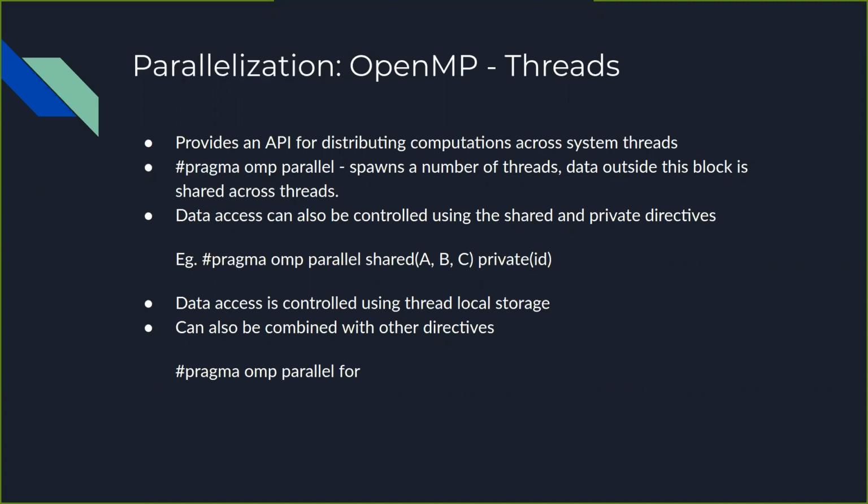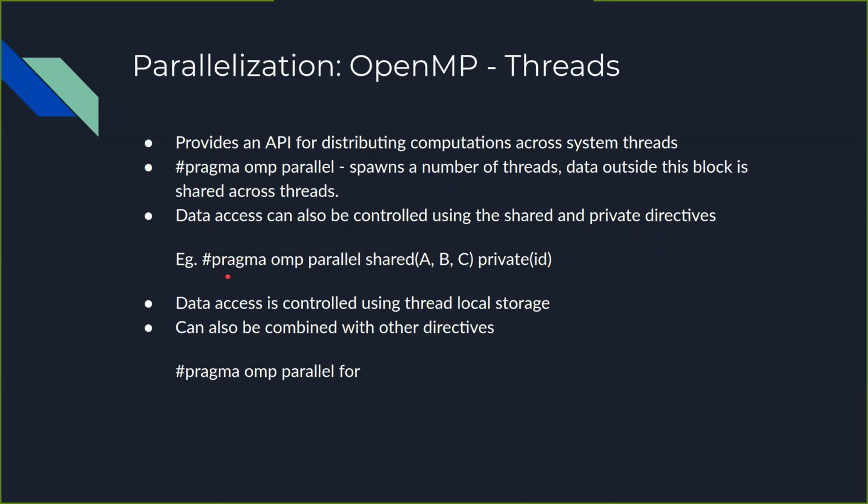This pragma OMP parallel will spawn a number of threads, and the data outside this block is shared by threads, and the data inside the pragma OMP parallel is local to the thread, and this data is maintained in the thread local storage. So it's parallel, it's private to the thread.